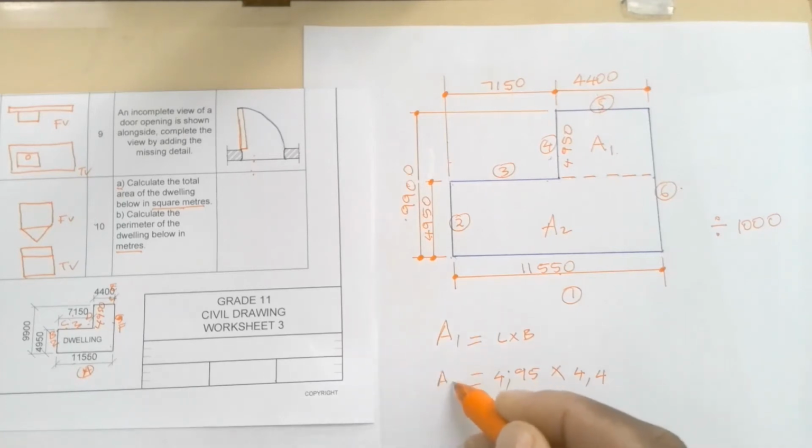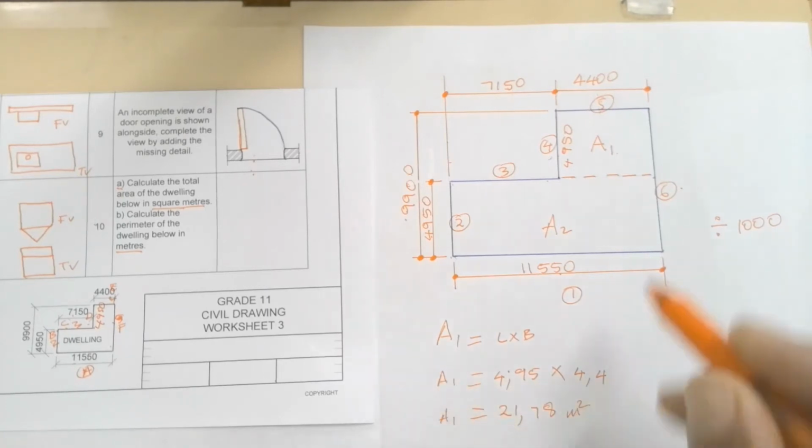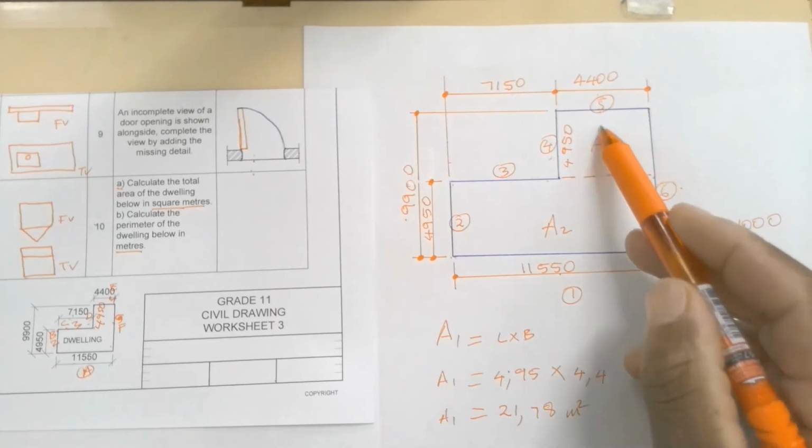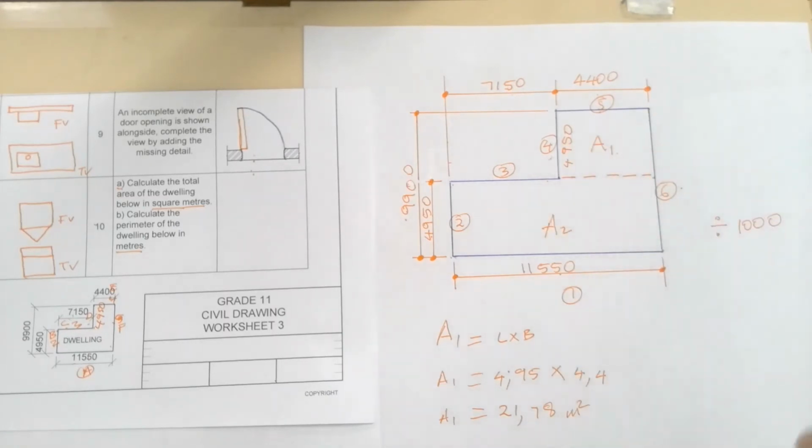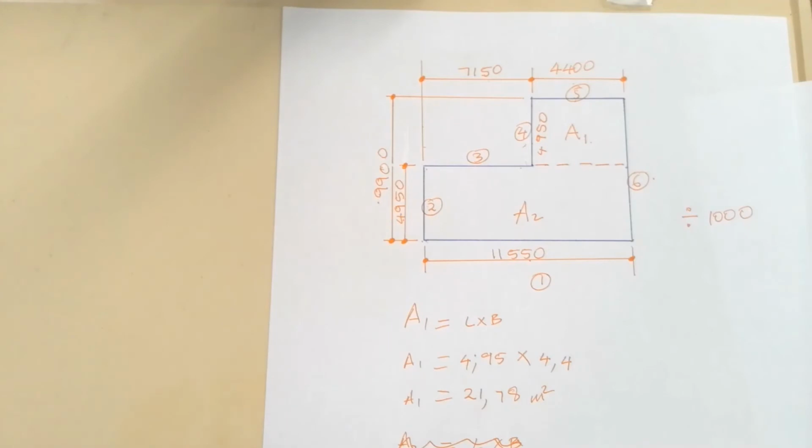This is for area 1. We have only calculated this area 1 only. Now we need to calculate area 2. Area 2 is equal to length times breadth. So now we finished calculating area 1. Now let us calculate area 2.